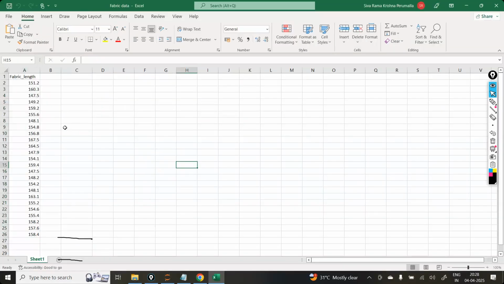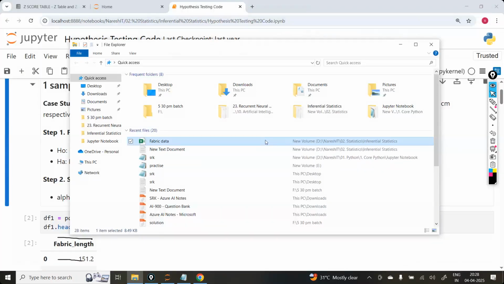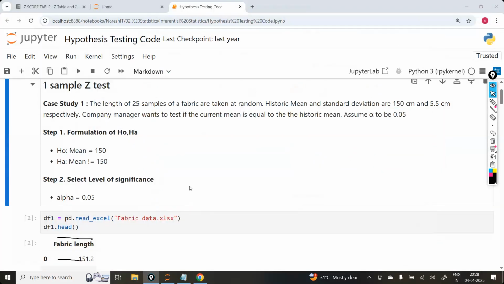Now it is having overall 150 plus, greater than 150, more than 150. Yes, most of the bits are more than 150 only. So it has to satisfy the null hypothesis, right? From the inspector point of view, let us cross check whether it satisfies or not. Whatever we have done with our eyes, let's cross check with Python. Same answer it will give or different answer.